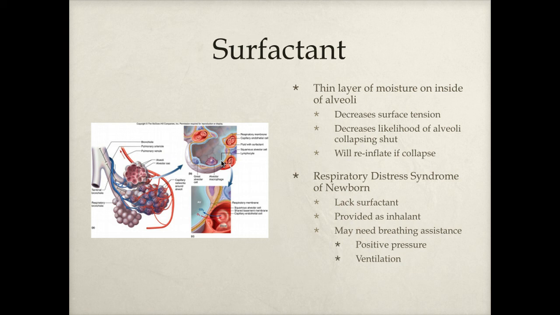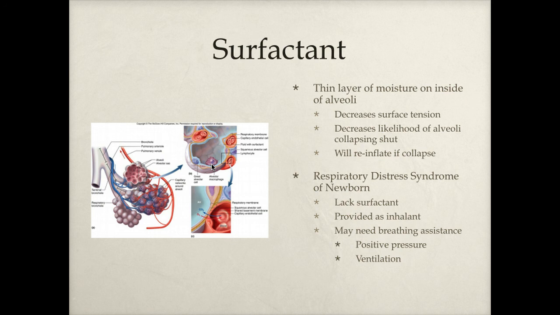What that means is if there was water coating the alveoli inside, and an alveolus collapsed, the walls would stick together like two wet pieces of paper, or like when you've set a wet glass down on a counter and felt how there's adhesion, a stickiness between those two surfaces.